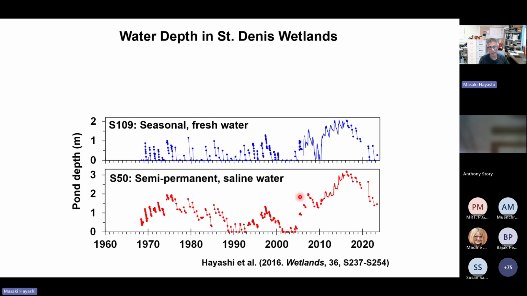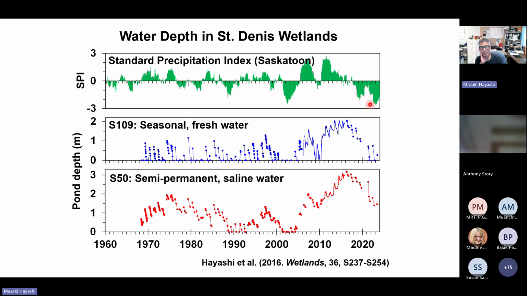All the wetlands in this study site became more wet, and even the seasonal wet pond became a permanent pond in this wetland. This is because we have this large interdecadal change in precipitation. So we have a wet period for 5-6 years, and then a dry period follows.